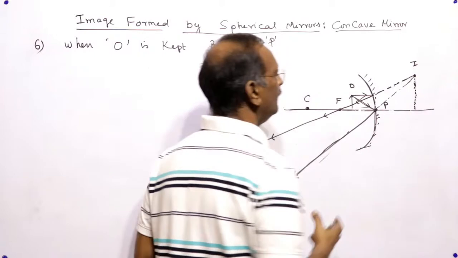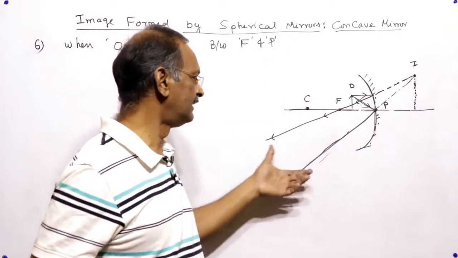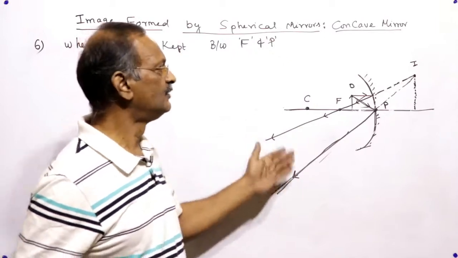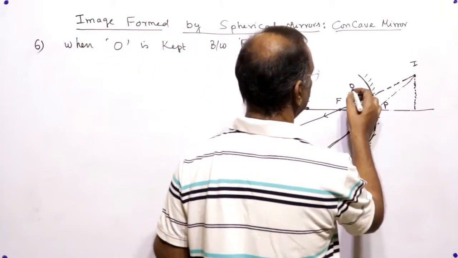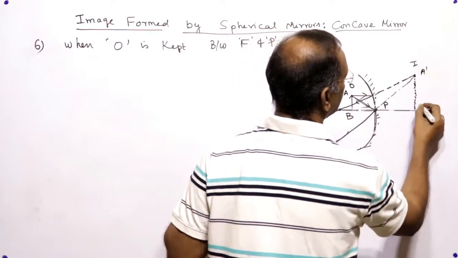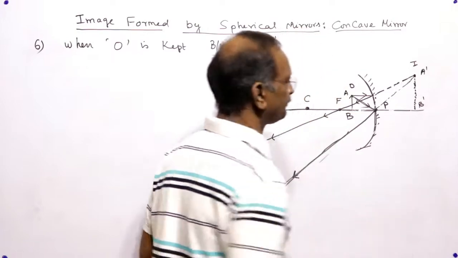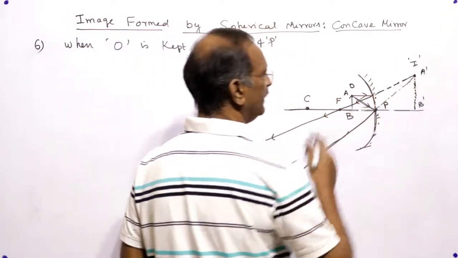Because the two reflected rays cannot meet in front of the mirror, we produce them backward so the image is formed at this point. This is AB, and this is A dash B dash, the image of this object.